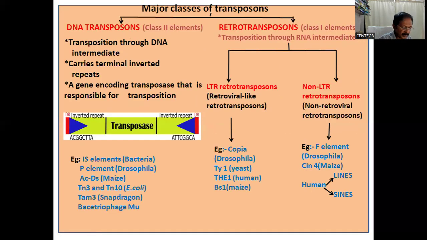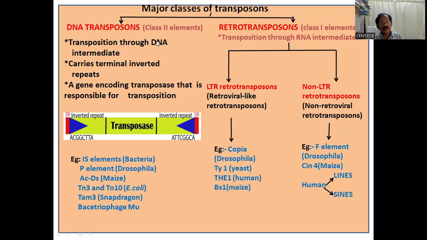So coming to the classification, we can broadly classify transposons into two major classes: DNA transposons and retrotransposons. DNA transposons are also known as class 2 elements, and retrotransposons are known as class 1 elements.